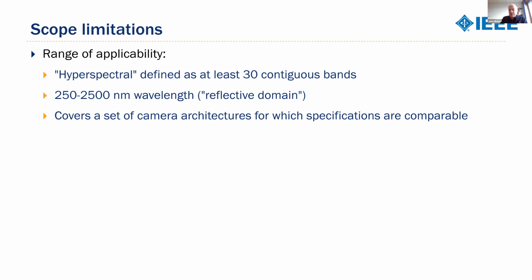We emphasize cameras working in the so-called reflective domain, so basically reflected sunlight, which is not too deep into the UV, or this is pretty deep as it stands, and not into the thermal infrared, where sensor technology changes, and also the priorities that you would make change somewhat.